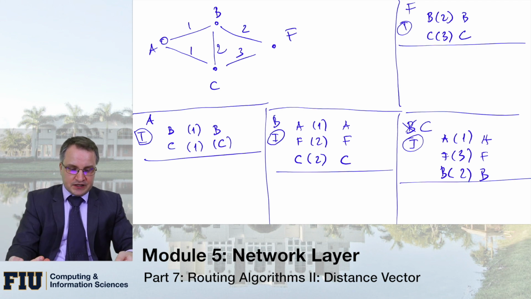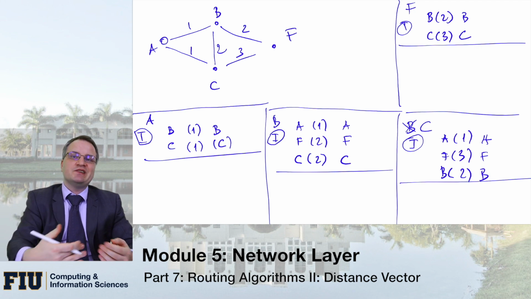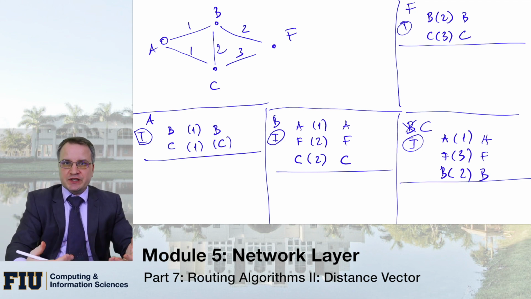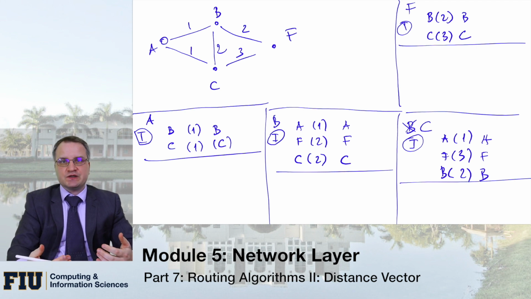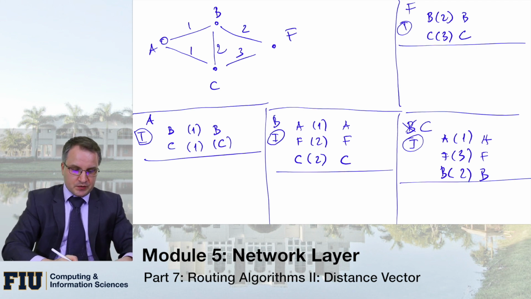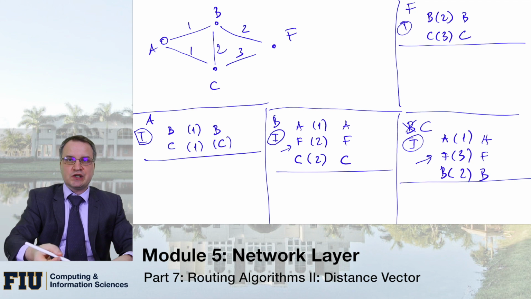So what happens next is each node gives this information to others. We can simply assume that neighbors will give the step 1 information to their own neighbors, and we try to recalculate what happens at the next stage. At the next stage, from the perspective of node A, we know information from B and from C. It's quite a bit of calculation, but the new information we're going to take is something about F, because A is ourselves, so we ignore it, and B and C are our neighbors.